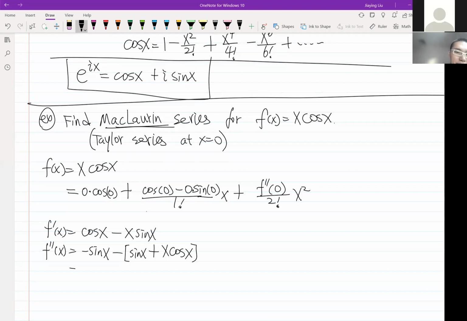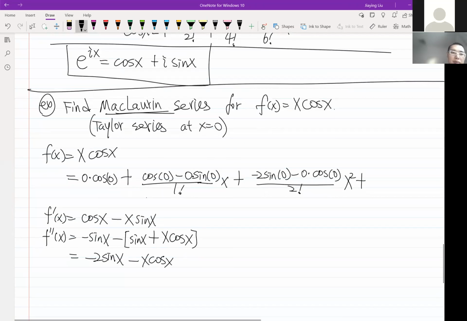That becomes negative 2 sine x minus x cosine x. So that's the second derivative. We plug in 0 for x, so that gives negative 2 sine of 0 minus 0 times cosine of 0, divided by 2 factorial times x squared.